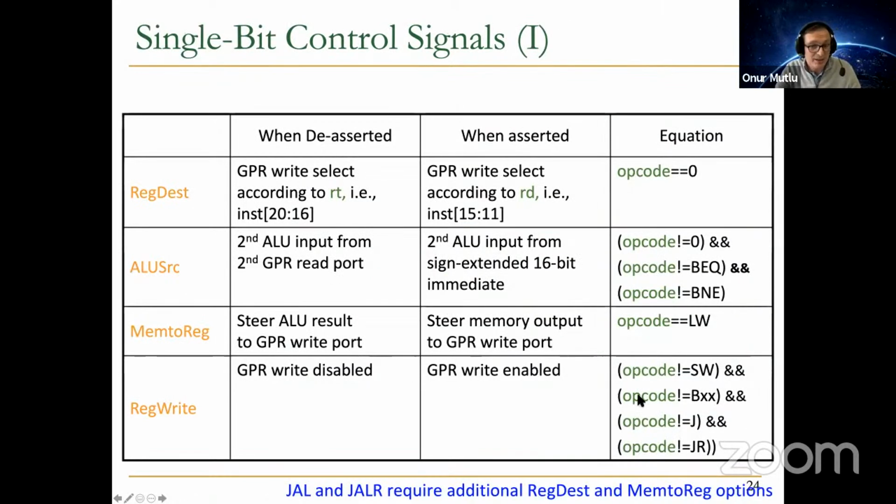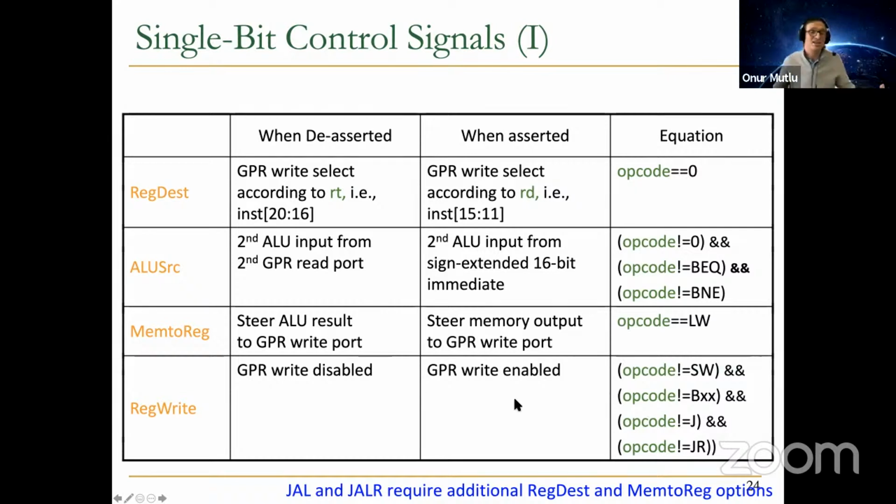It should be 1 if the opcode is not a store word, is not branch, is not jump, and is not jump register. So we have some jump register over here also, basically. Basically, if the instruction is not writing to a register, this should be deasserted. If the instruction is writing to a register, this should be asserted.